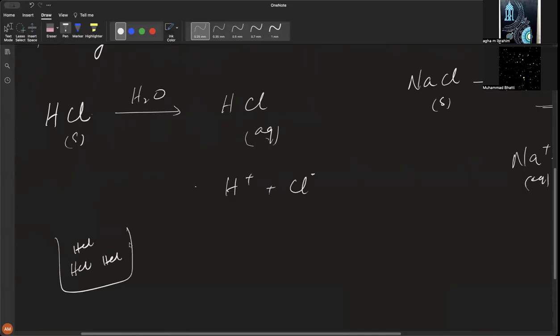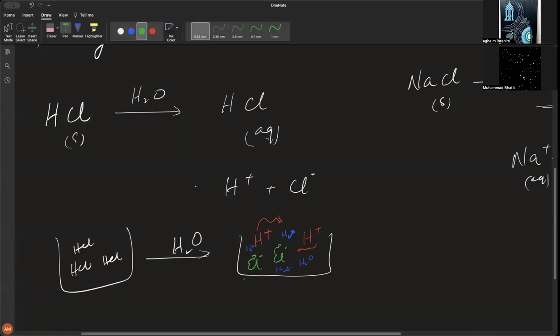When you put that in water, it is going to look like this: H, Cl, H, Cl, they have dissociated, and then there are water molecules around. You get it? Is it making sense? So now these particles are moving around, going here and there, just like the particles of a liquid, which was not the case before.